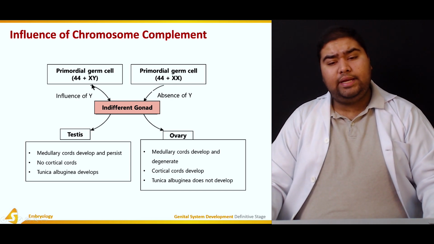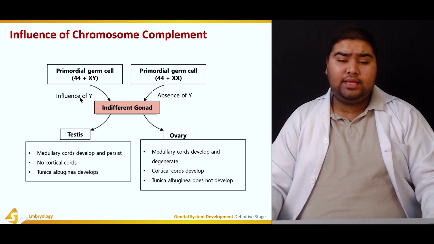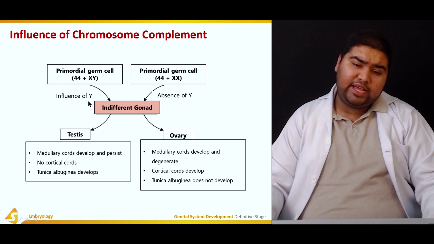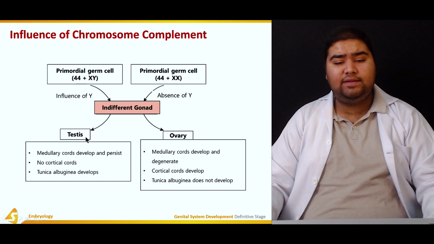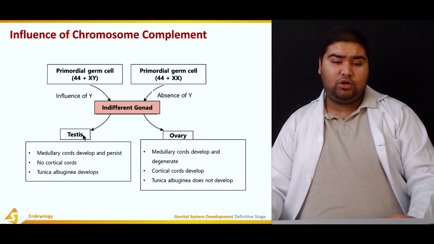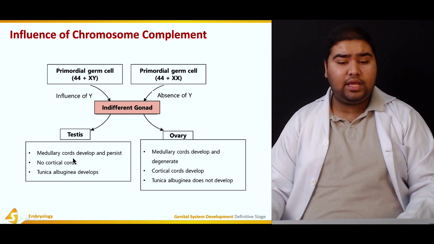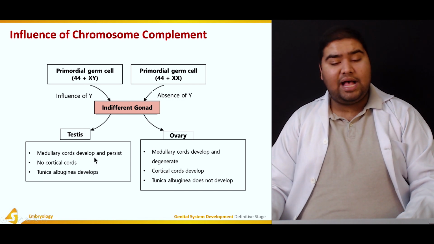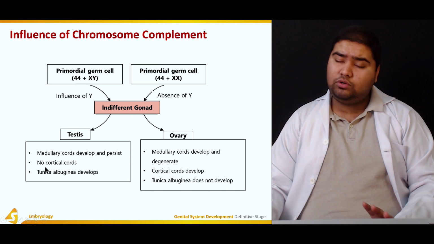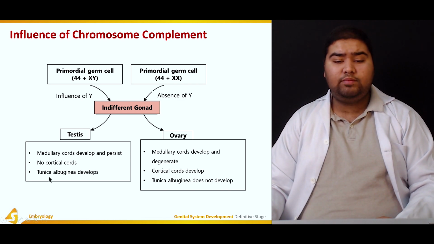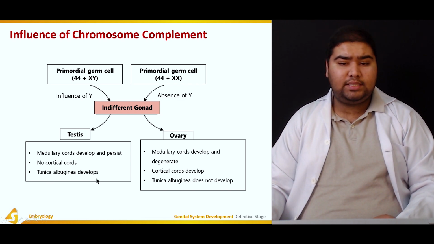Now the male, under the influence of the SRY gene on the Y chromosome, the indifferent gonad develops into testes. And what are the differences? The medullary cords develop as well as persist. There are no cortical cords, so no cords in the cortex are formed, and the tunica albuginea develops.